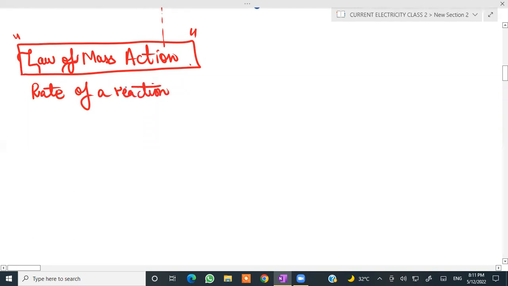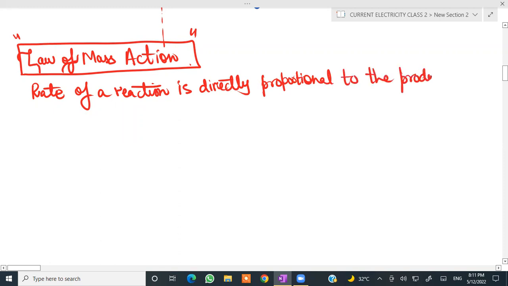The rate of a reaction is directly proportional to the product of active masses of the reactants.